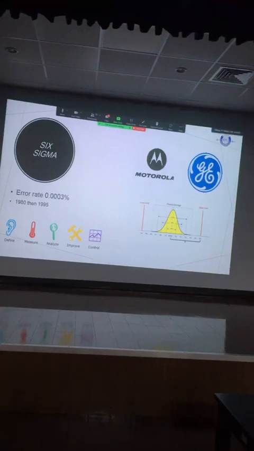The whole idea of Six Sigma is that Six Sigma means six standard deviations. We have standard deviation 1, standard deviation 2. Six standard deviations is Six Sigma. So the whole idea is that you want to lower your variation until the sixth standard deviation. And that's what General Electric goes by, and that's how they survived.